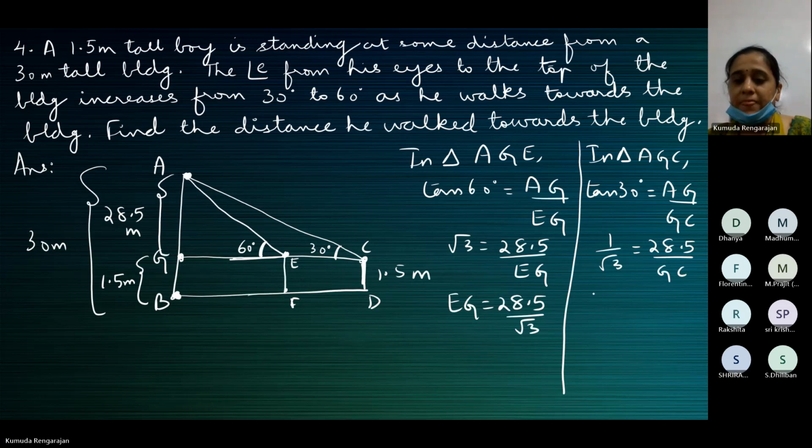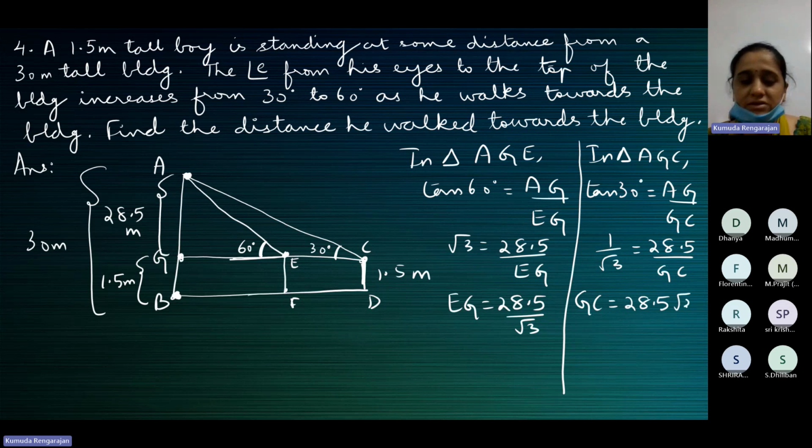So GC is equal to 28.5 root 3. Very good. Next, what should we find?